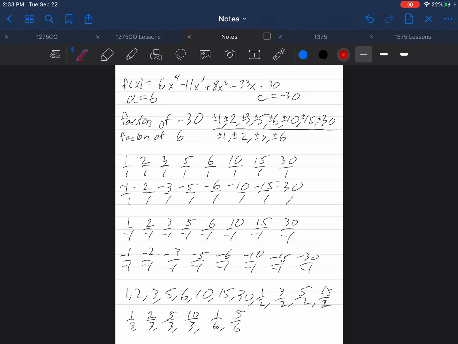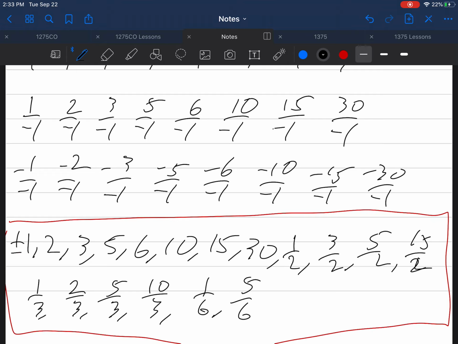So this is going to be your final list of possible rational roots, but positive or negative, all of these. So a lot.